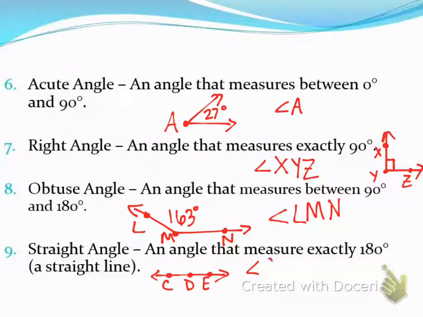So we would call that angle CDE. You could also call that a line. You could name it as line CE, line CD. But if we're referring to it as an angle, it's just a straight angle. And again, the measure of it is 180 degrees.